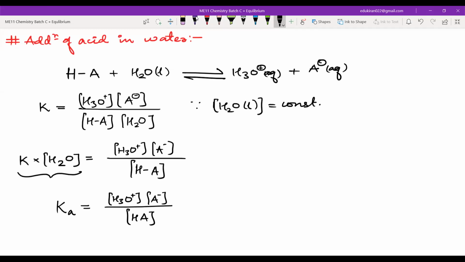So concentration of H plus ions into A negative ions, whatever counter ion that you have, divided by the concentration of the acid. Now what is Ka? Ka is known as the dissociation constant of acid, or you can also write ionization constant of acid.